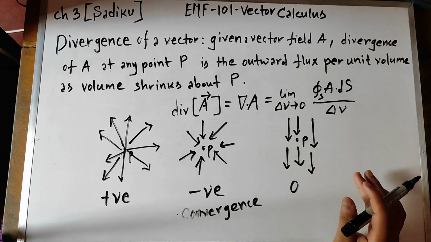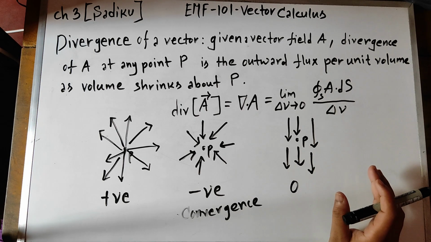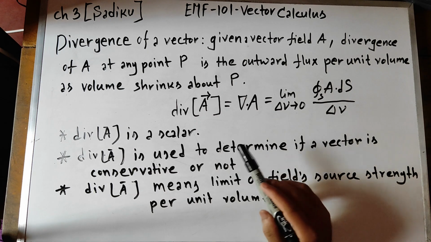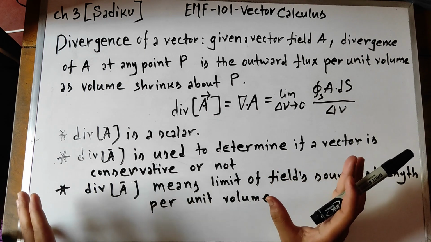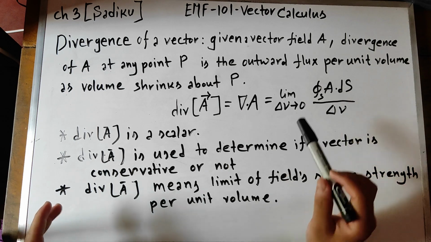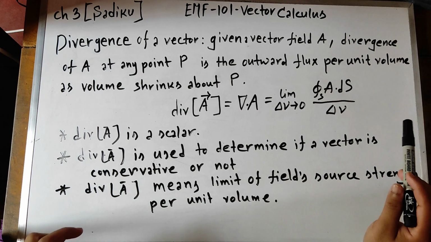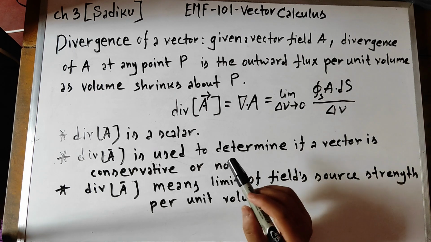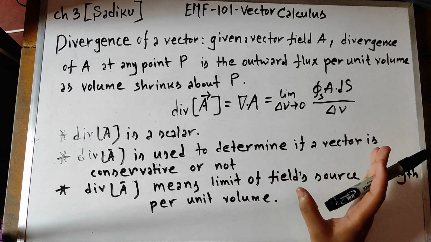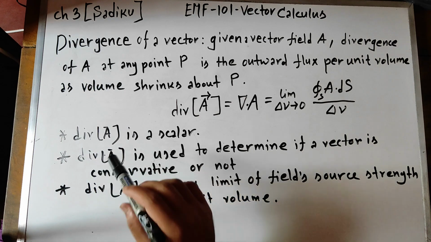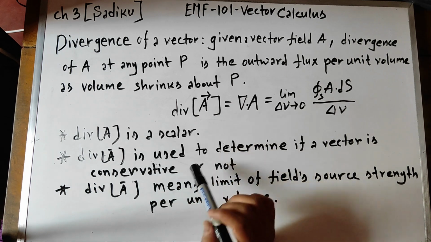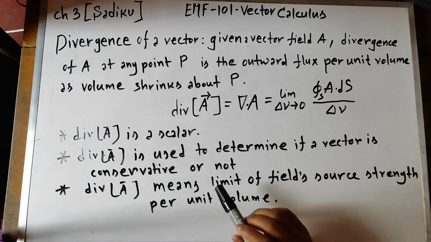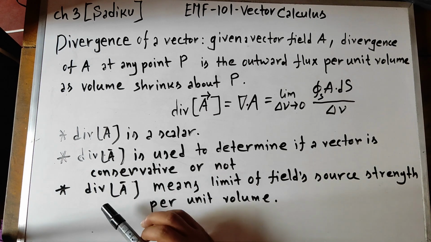So these are the instances of divergence graphically. In a nutshell, divergence means outward flow per unit volume from a point. The divergence of a vector is a scalar, and divergence is used to determine if a vector is conservative or not.